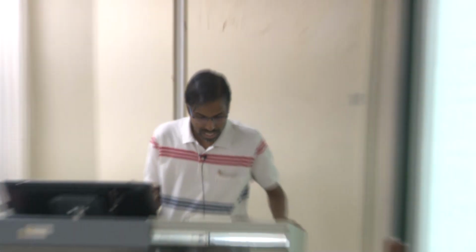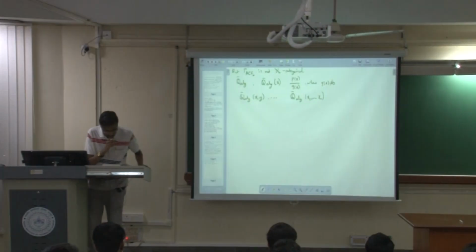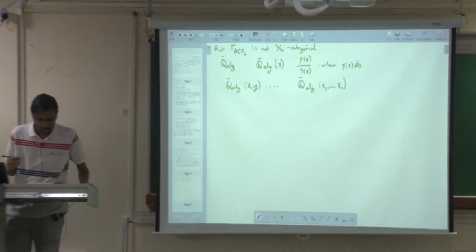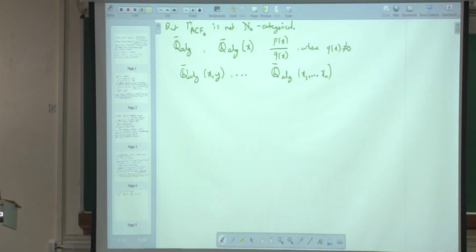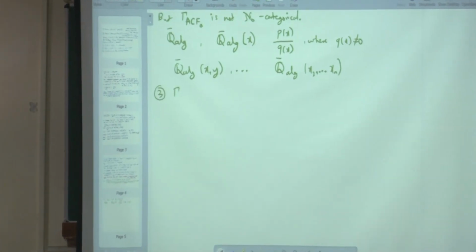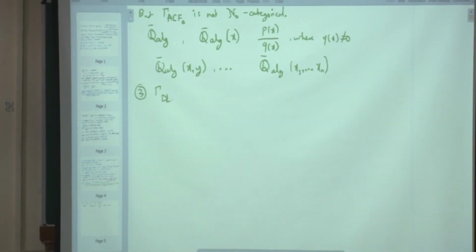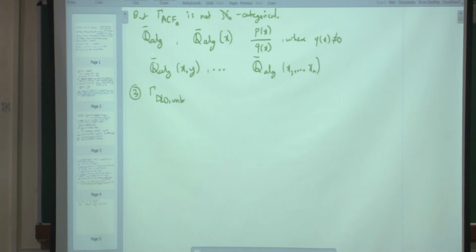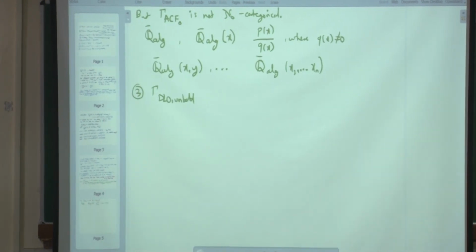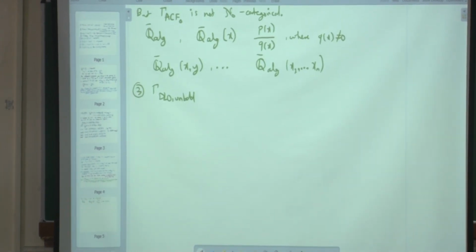However, perhaps we should look at one most important example, the third one, that is DLO unbounded. So this is aleph naught categorical.